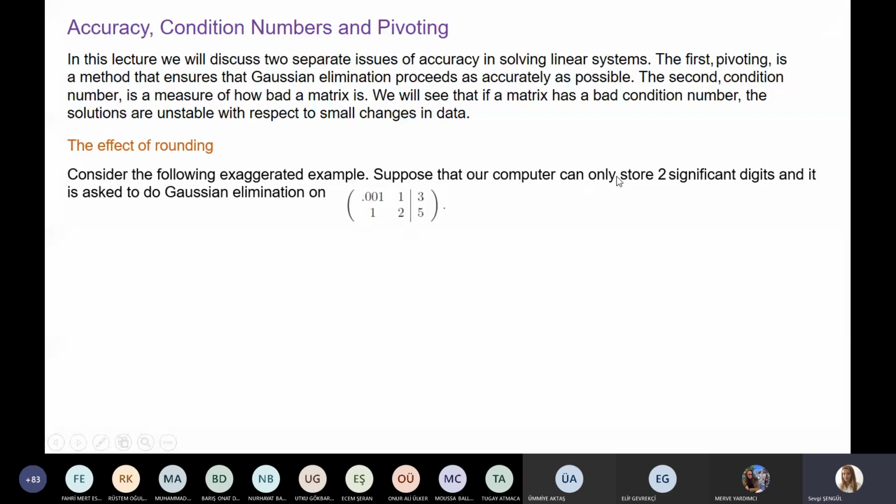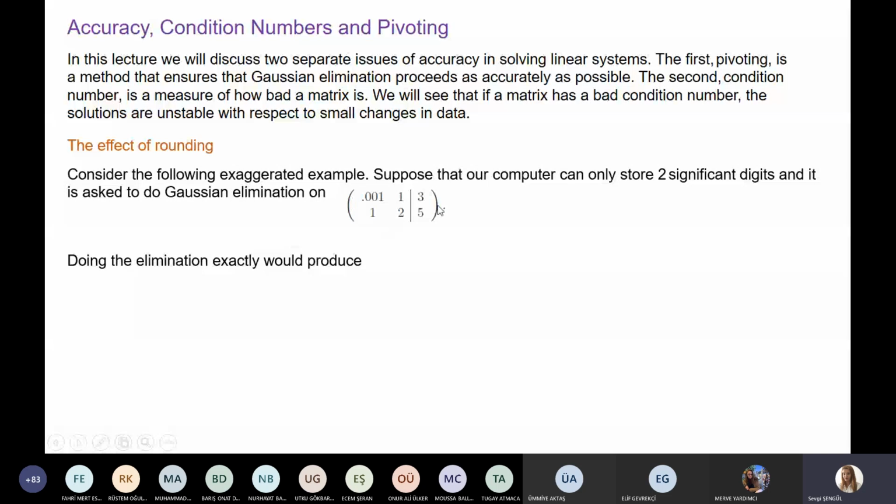Let's say that our computer can only, of course it's not true, but only store 2 significant digits, and it is asked to do Gaussian elimination for this system. But it can only store 2 significant digits. Then doing this elimination, how can you do that? You need to cancel this 1.